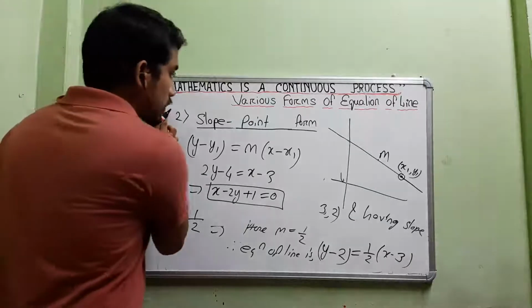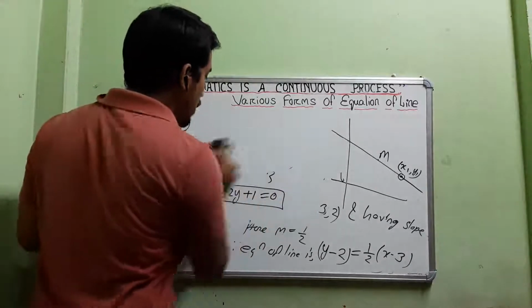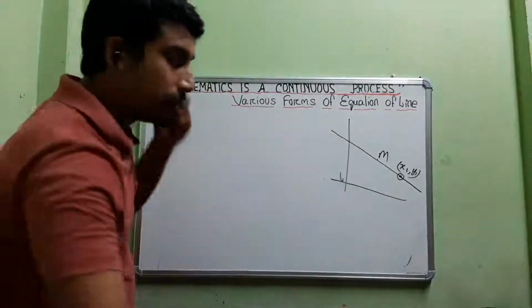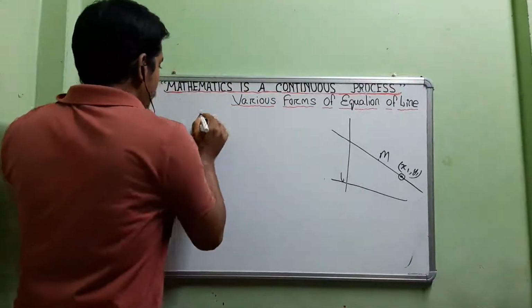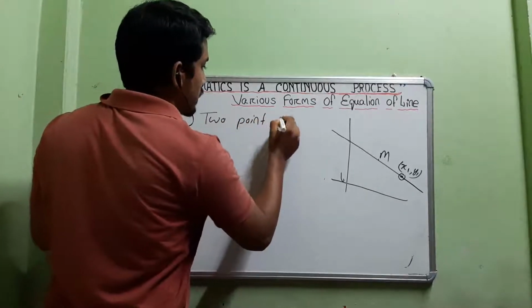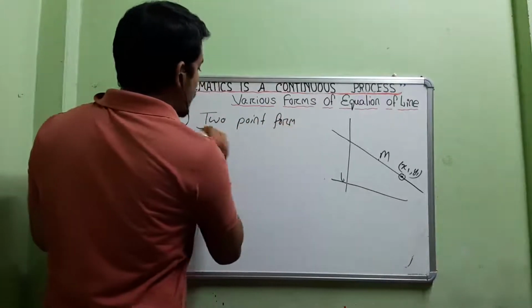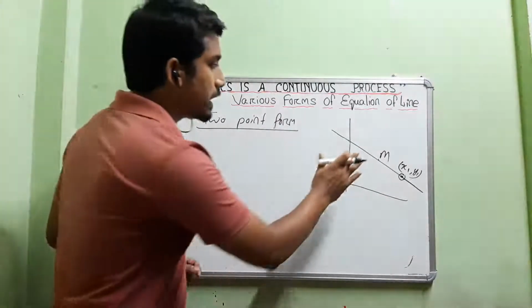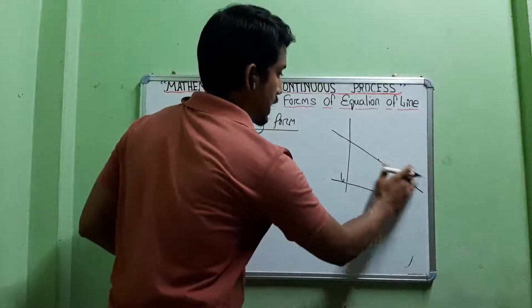Then let me go to the third form of the equation of line. That is called the 2-point form. In 2-point form, what is that? Now we don't have any information about the slope of the line.